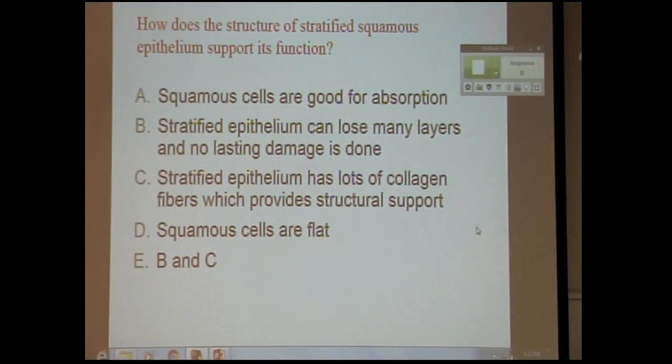So, how do you think the structure of stratified squamous epithelium supports its function? Oh, let's see what everybody voted for here.